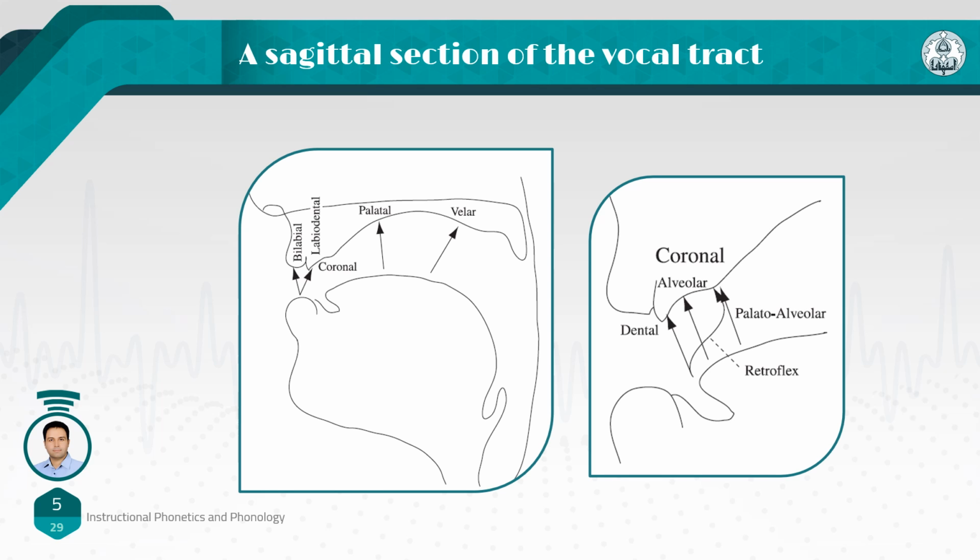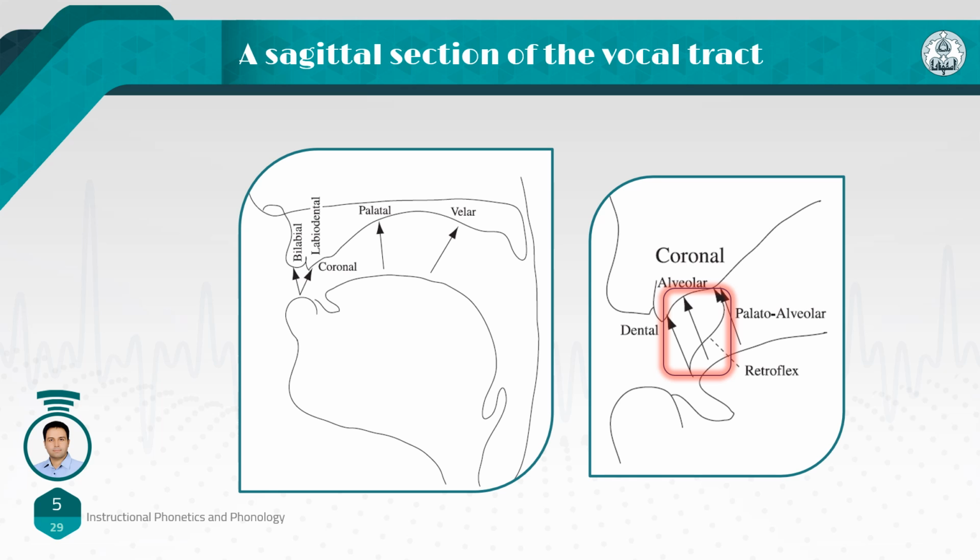More specific places of articulation are indicated by the arrows going from one of the lower articulators to one of the upper articulators. As you can see in the picture, the arrows show that one of the lower articulators moves toward one of the upper articulators in order to produce consonants or sounds of any language.